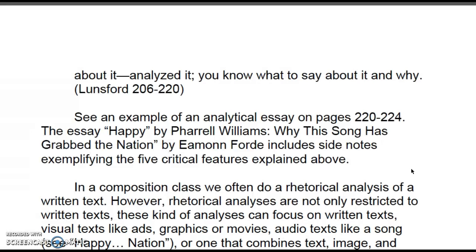The title is "Happy" Pharrell Williams, Why the Song Has Grabbed the Nation. The author is Eamon Ford, and it's important you take a look at this because it analyzes the article as such and gives you side notes explaining the different features that I already referred to.